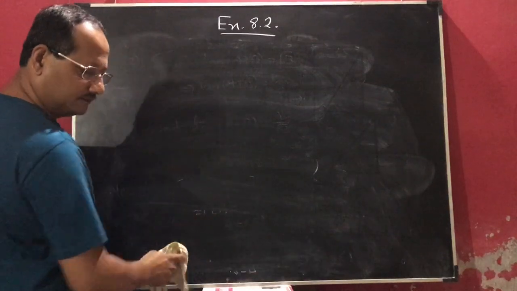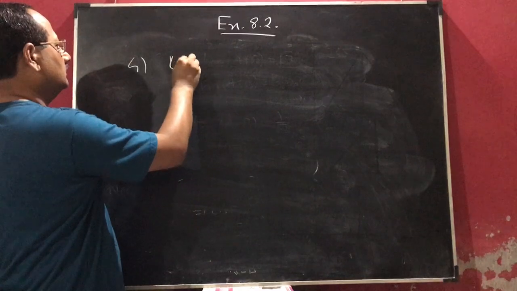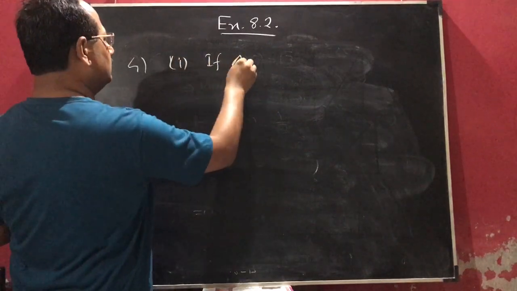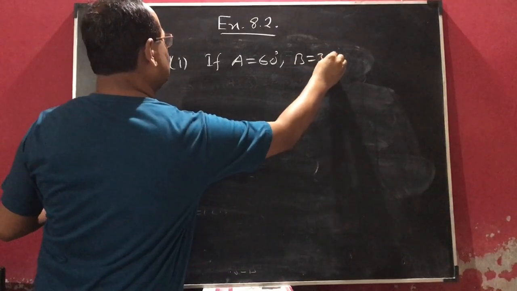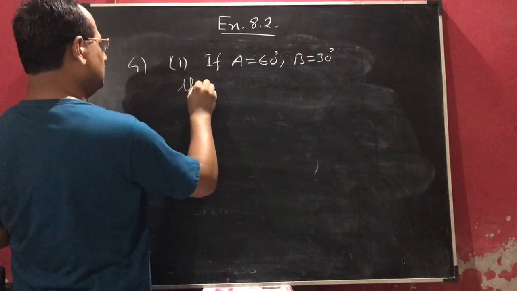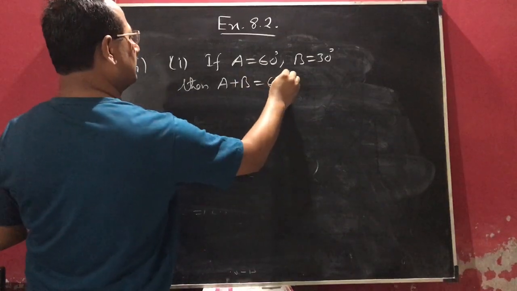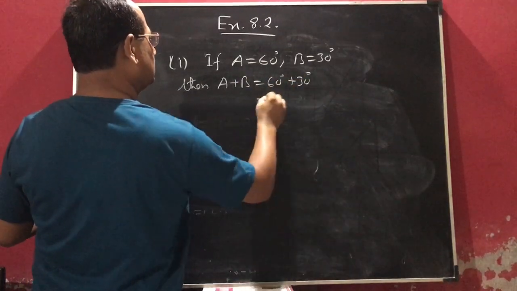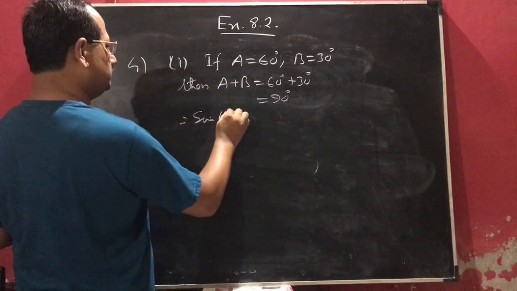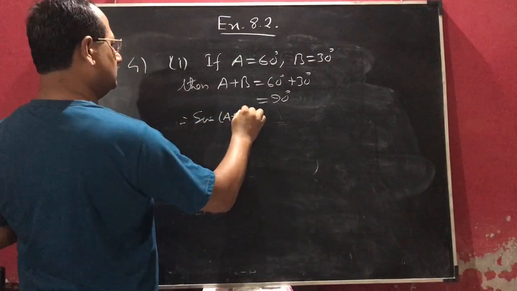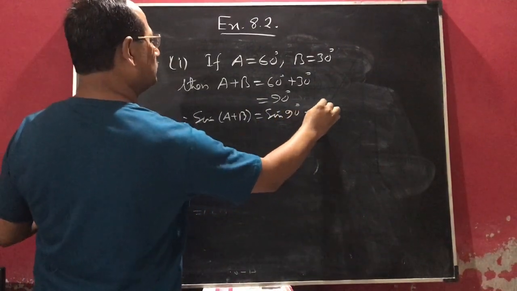you see that in question number 4, number 1, suppose A equals 60 degree and B equals 30 degree, then A + B is 60 plus 30, that is equal to 90 degree. Therefore sin(A + B) equals sin of 90 degree, that is equal to 1.